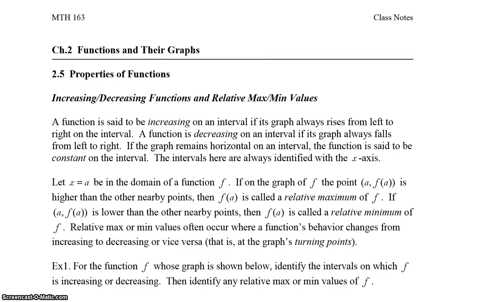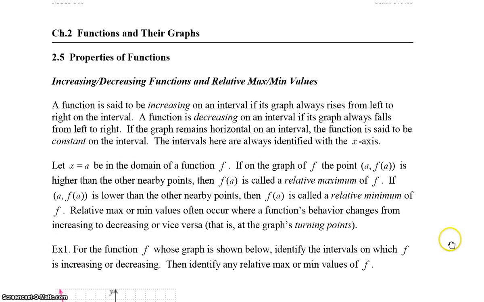Relative max or min values often occur where a function's behavior changes from increasing to decreasing, or vice versa. That is, at the graph's turning points. So for a relative max or min, we're looking for a point that is higher than other nearby points or lower than other nearby points.